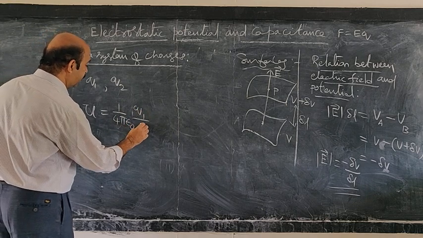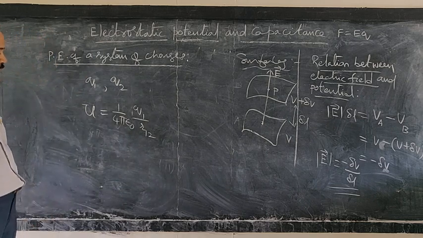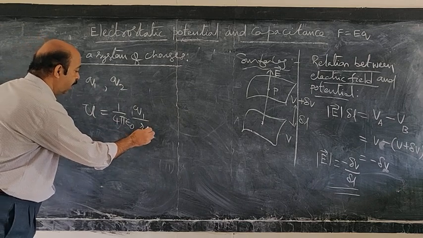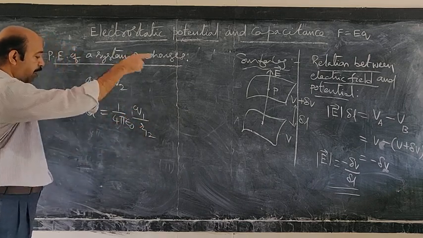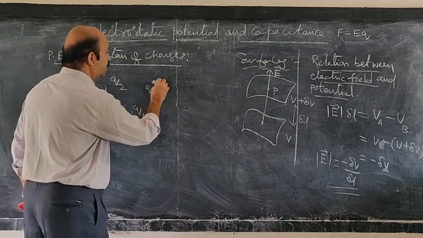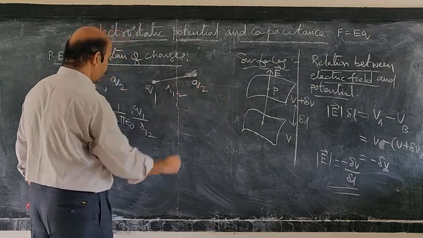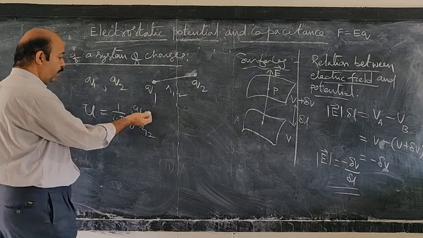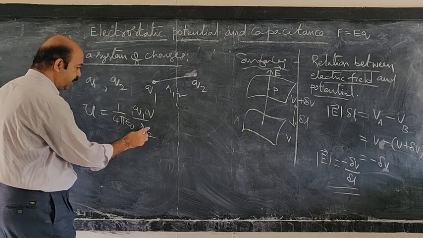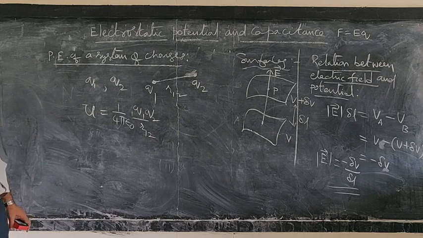Suppose that point is at a distance of say R12 from this Q1, then this gives the potential due to this charge at a point which is at a distance of R12. So this is Q1, here is say Q2, R12, and now we know potential of unit charge, that is work done per unit charge, is this. So when you multiply with the charge Q2, then that is the potential energy.